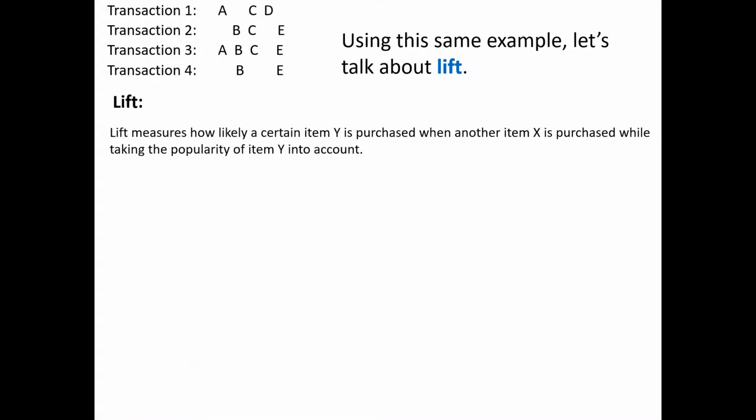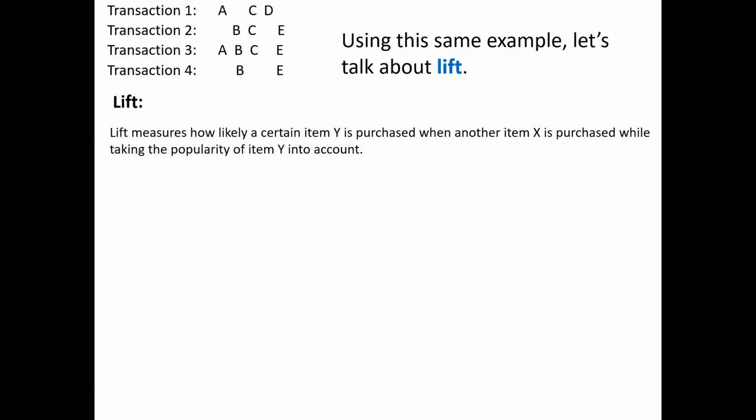Now let's talk about lift. With lift, it's kind of the same idea. It measures how likely a certain item Y is purchased when another item is also being purchased. That's exactly what confidence was, but the difference is it takes the popularity of item Y into account.